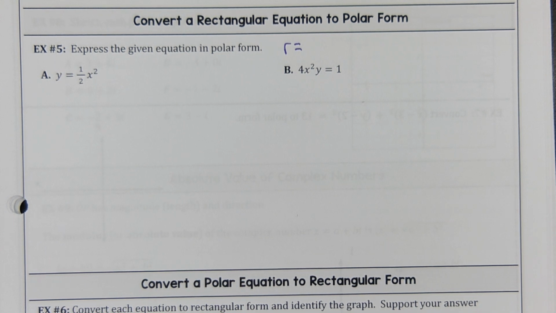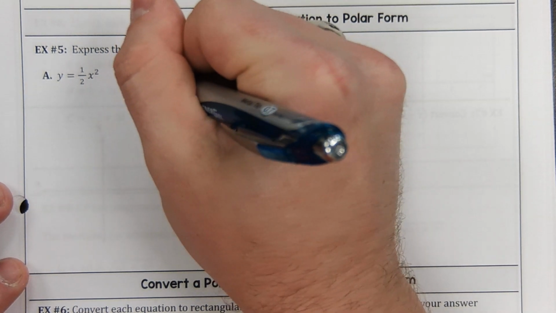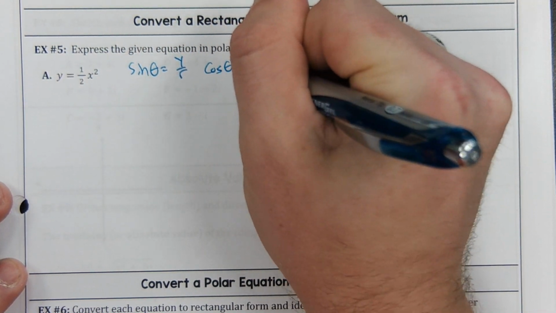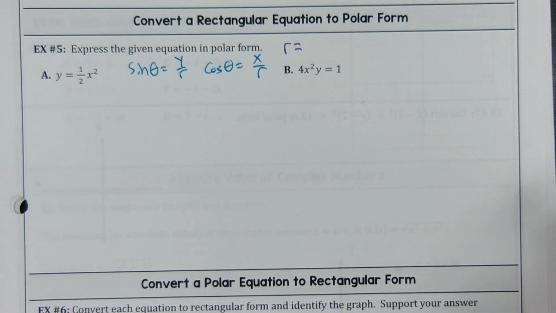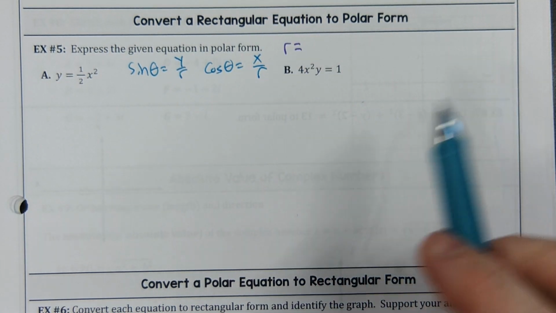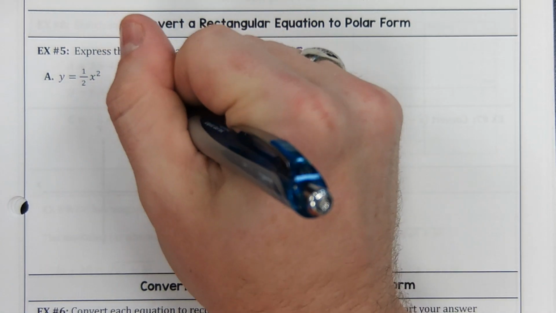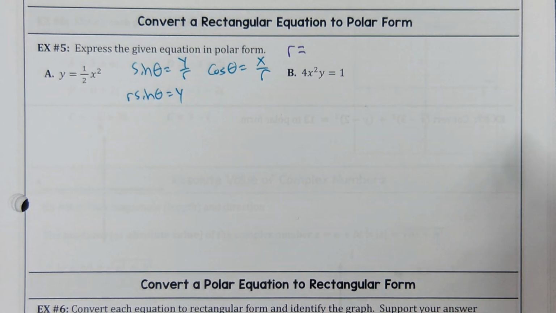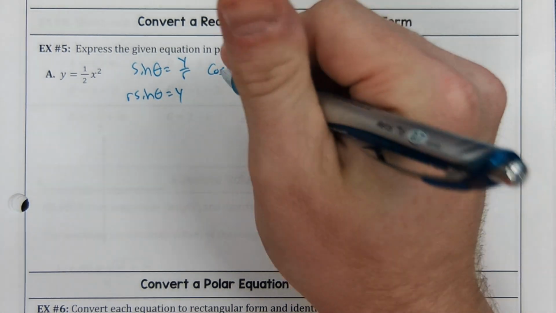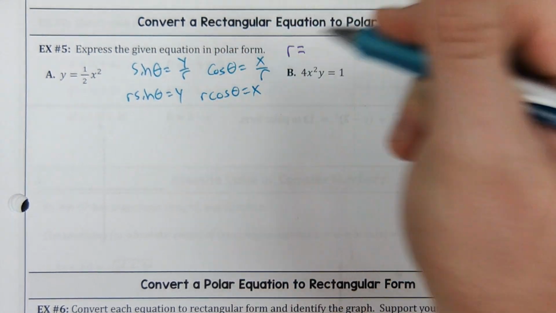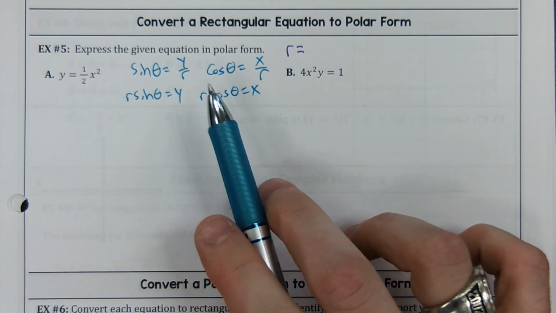What is the trig form of y? What does y equal? r sine theta. And x is r cosine theta. So we're going to substitute in this for y and this for x.